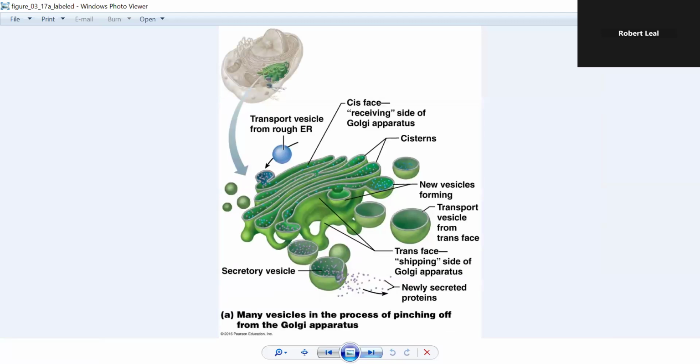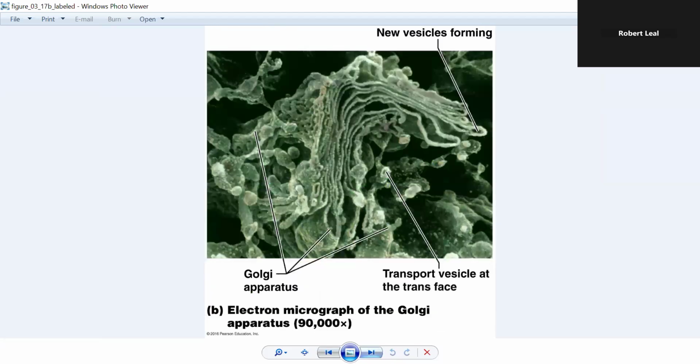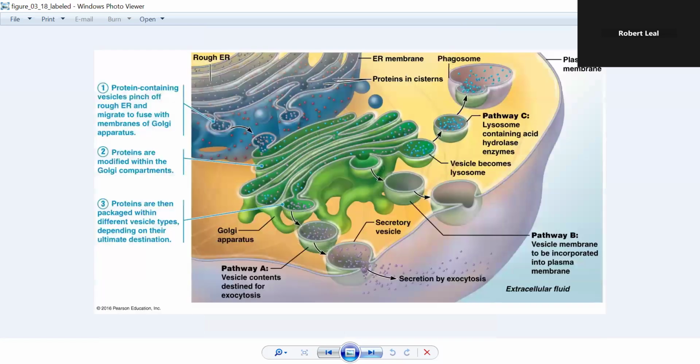All right, we saw this picture. There's the electron micrograph of the Golgi apparatus. So again, what are some possible destinations once the protein is made? Something excreted out of the cell, maybe incorporated to replace proteins embedded in the membrane, or to replace organelles inside the cell.